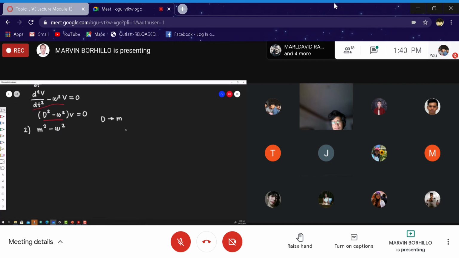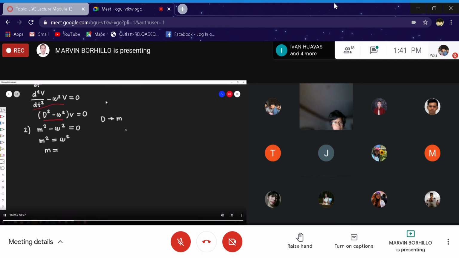Kung anong numerical number. Constant siya. So, let's solve m. m squared is equals to omega squared. Madali lang yan. No? So, m is equals to positive and negative omega.